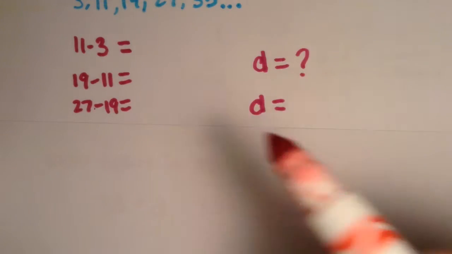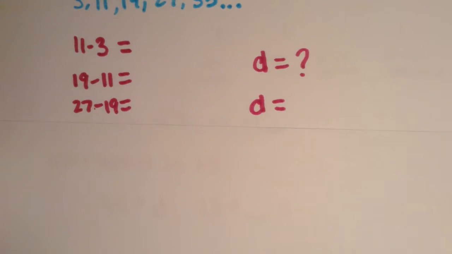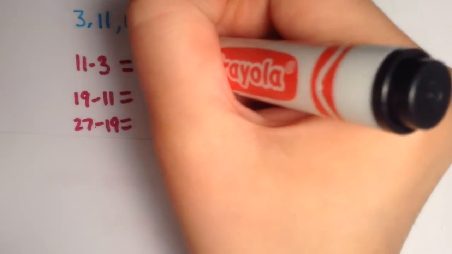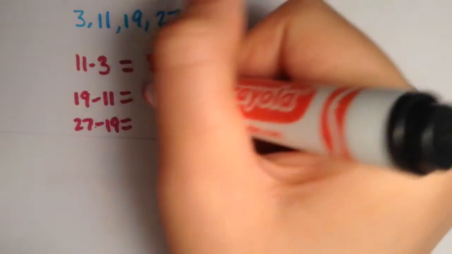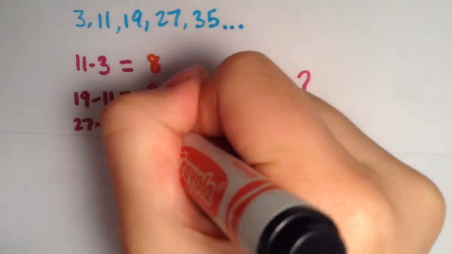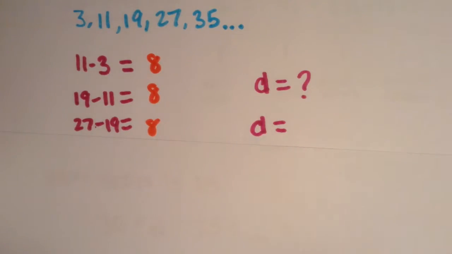We have 11 minus 3, and that equals 8. 19 minus 11, that also equals 8. We have 27 minus 19 equals 8. So what we can identify as the common difference is 8.